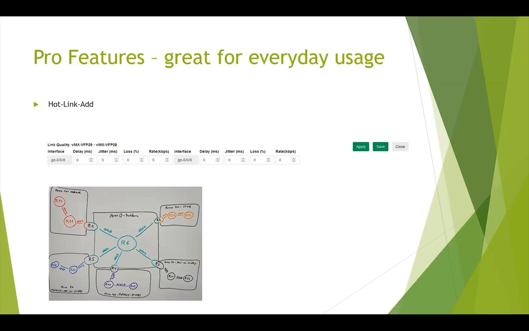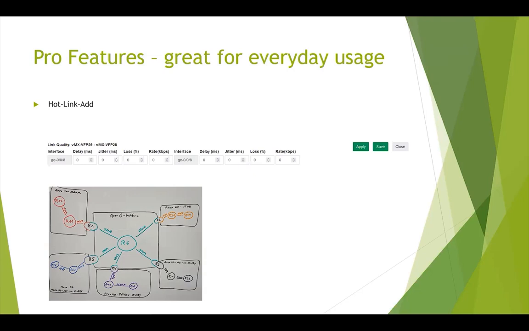But imagine running a very, very big lab with a server that needs some time to boot up, or a whole topology that needs some time to boot up. And then you're realizing, oh snap, I forgot one of the links. So with the community edition, you would have to power at least the 2 devices where you need the link down, and then create the link, power them up. And especially if you're using that every day, that is kind of annoying.